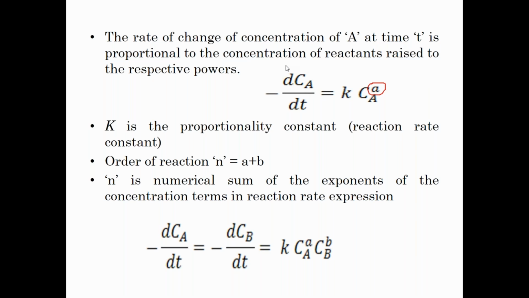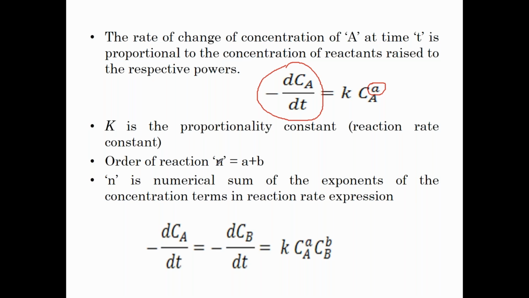So I want to know at what rate the drug A is getting changed. So I write the differential equation, and then I write it equal to the rate constant into concentration A to the power of A. In this case, K is, as I said, a reaction rate constant, and to decide the order of the reaction, it is a summation of the exponents.